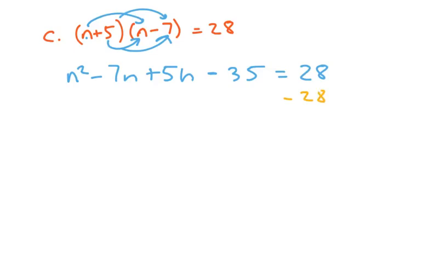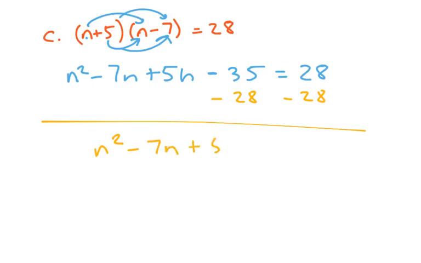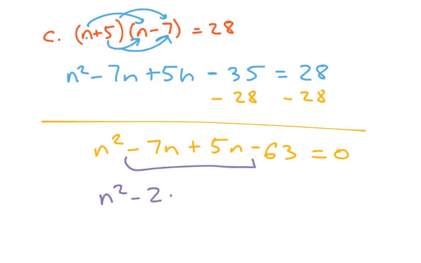Subtract 28 from both sides. n squared minus 7n plus 5n minus 63 is equal to 0. So we've got everything on one side, and I'm going to consolidate terms. Negative 7n plus 5n is going to give me negative 2n.